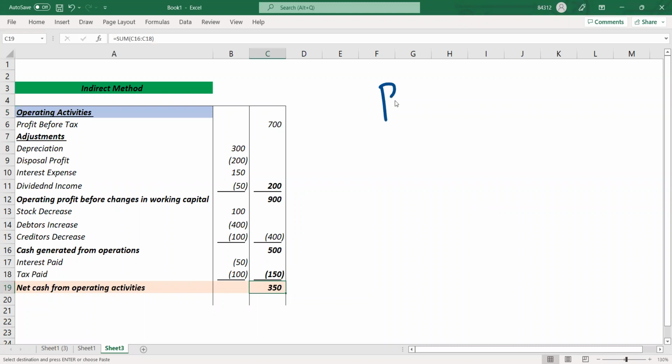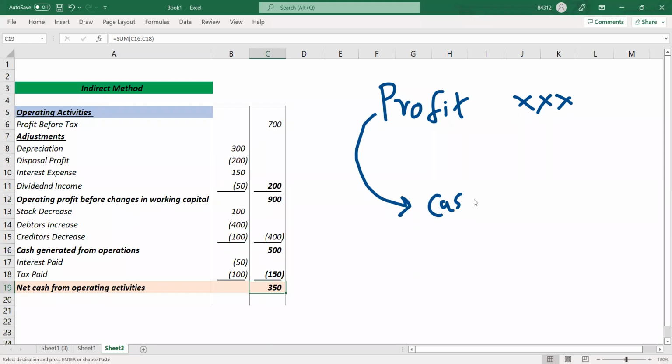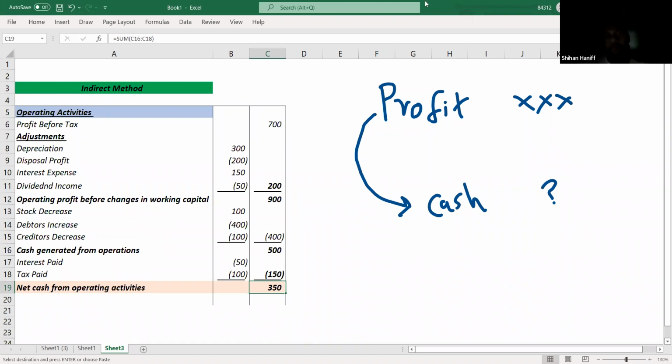Okay, so we are taking the cash flow from the profit, right? Because the profit will be given in the income statement. Through this cash flow statement, what we are going to do is convert the profit into cash. Now, you know that the income statement is prepared using the accrual method.